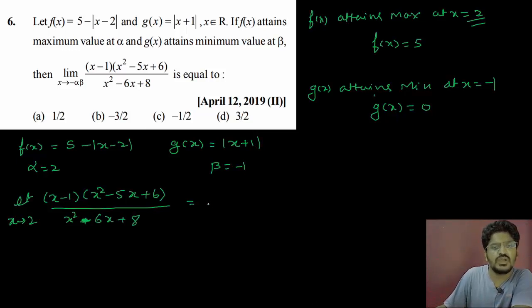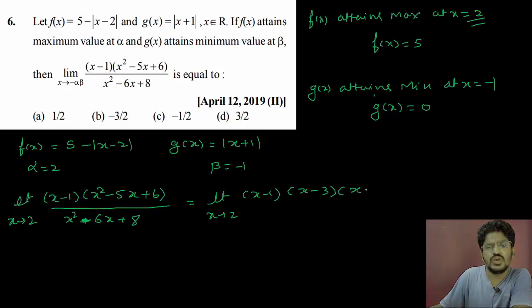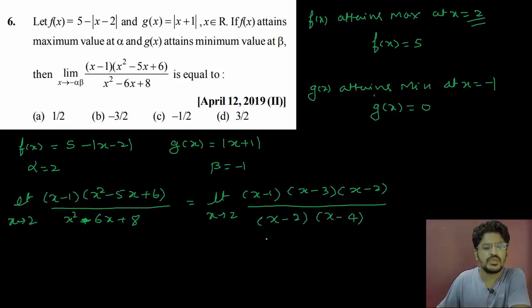So this will be equal to limit x tending to 2, x minus 1, you can factorize this as (x minus 3) into (x minus 2), divided by, you can factorize this term as (x minus 2) into (x minus 4). Okay. So now x minus 2 will get cancelled. Put x equal to 2.